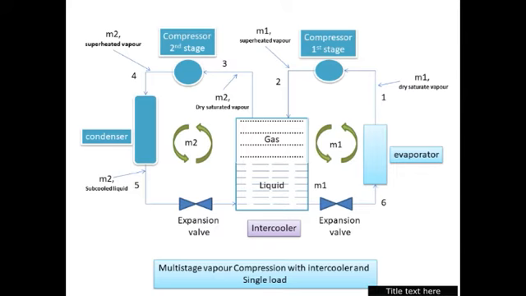After the processing in the condenser, the superheated vapor will be converted into subcooled liquid at the exit of the condenser, and from the exit at point 5 it will go again into the expansion valve for further decrease of pressure and temperature, and again it will be let into the intercooler. In this way the whole system will work.